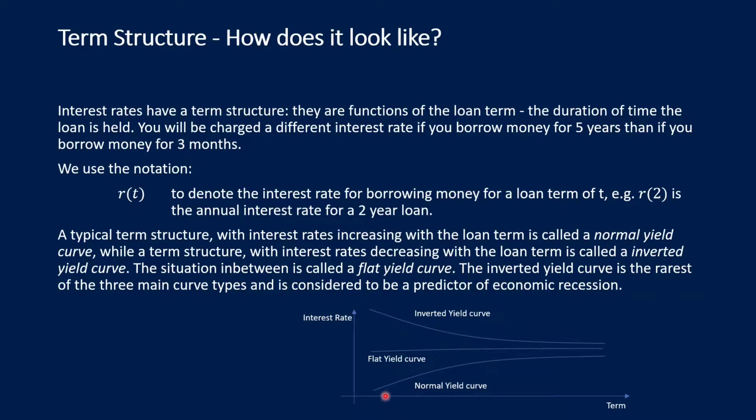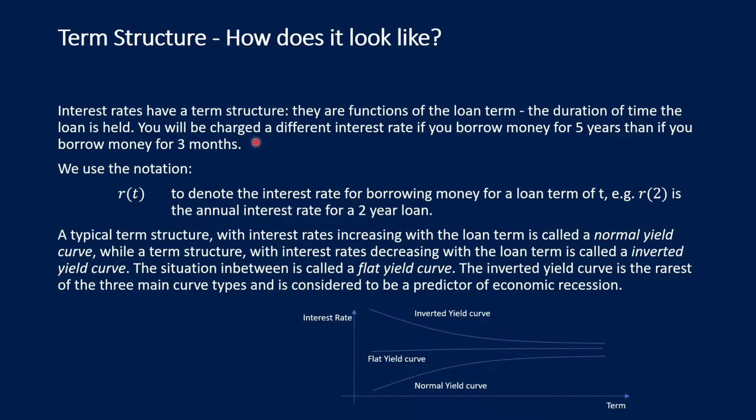If you want to borrow money for only 1 year, you are very close to this end. But if you're looking for a 30-year loan, you will find yourself somewhere here. And still we have the interest rate on the y-axis. So you will be charged a different interest rate if you borrow money for 5 years than if you borrow money for 3 months, or if you borrow money for 30 years.